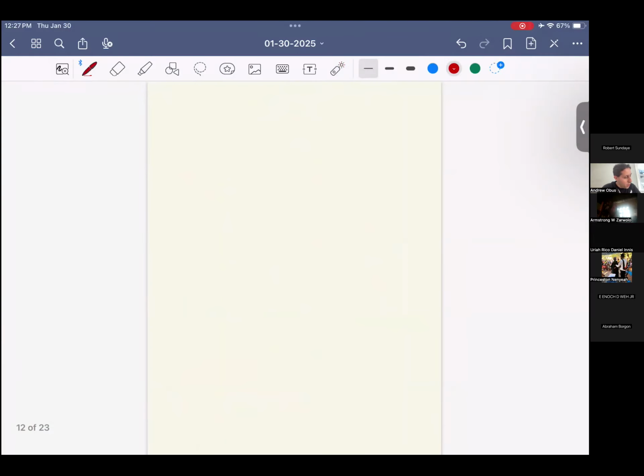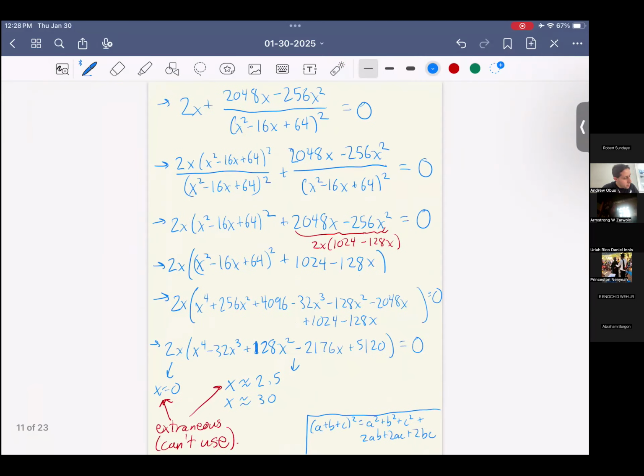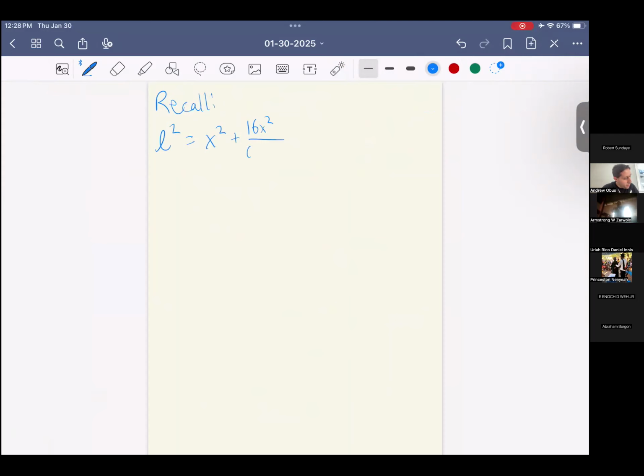So recall that the length of the ladder, L squared, was equal to x squared plus 16x squared divided by x squared minus 16x plus 64. Okay, this was our length squared. So that means that the length itself is going to be the square root of x squared plus 16x squared divided by x squared minus 16x plus 64.